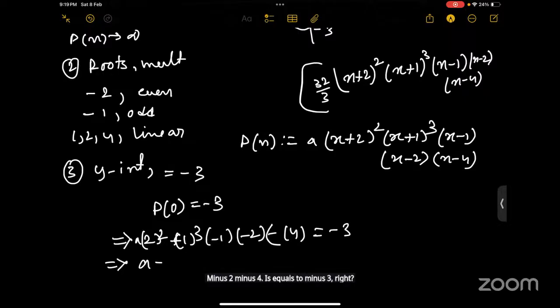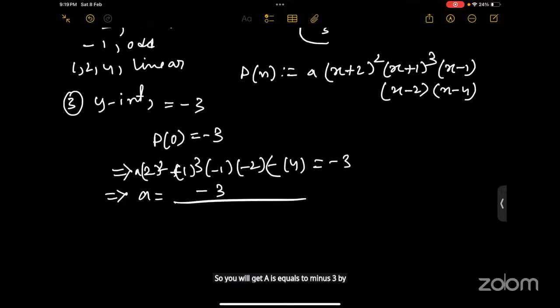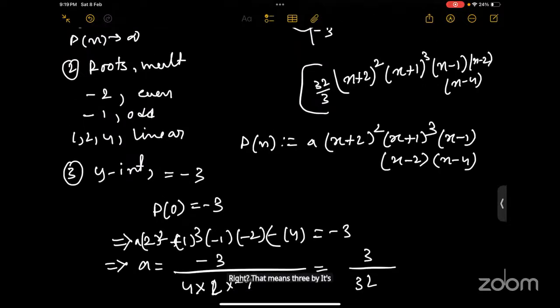So we will get a equals -3 by 4 into 2 into -4. That means 3 by 32.